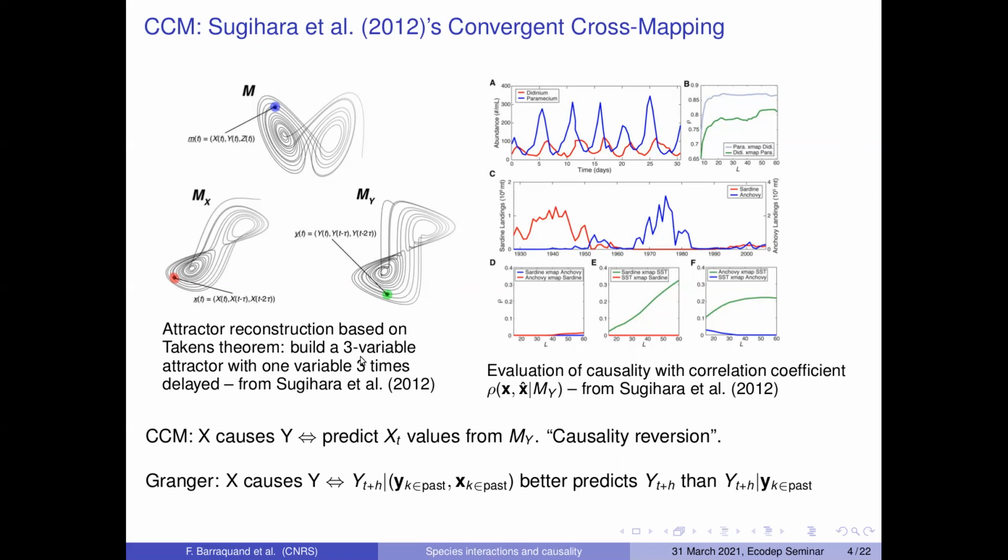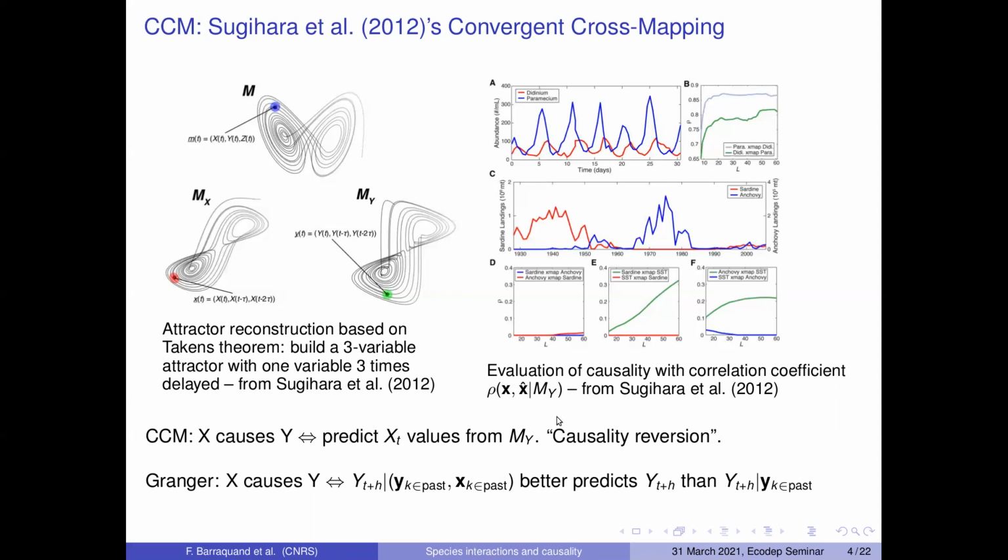And then what they've shown, which is quite interesting, is that if variable x causes variable y, in the sense that the population growth rate, the derivative over time of y, is affected by changes in state variable x, it means you can predict the x_t value from My, from this reconstructed attractor.